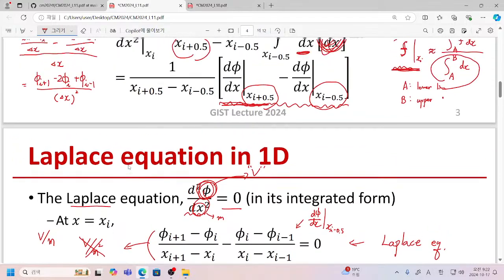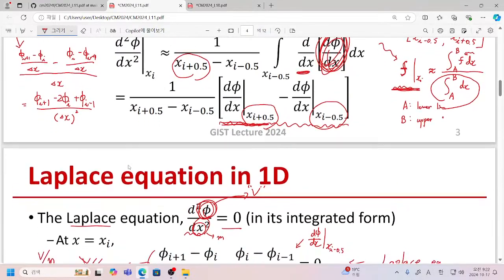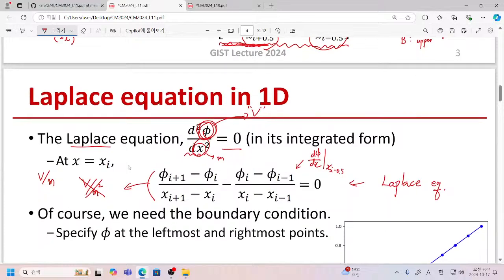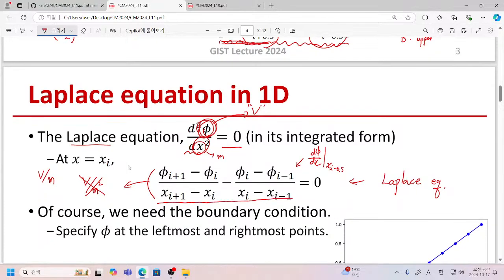It is because the operator we are currently writing down on this page does not actually correspond to the second order derivative, but is just the integrated version of our second order derivative. That's the reason why we have just first order derivative terms here as two terms on the left hand side.